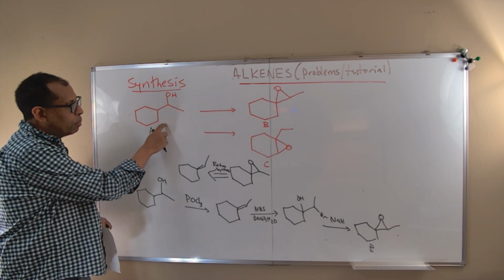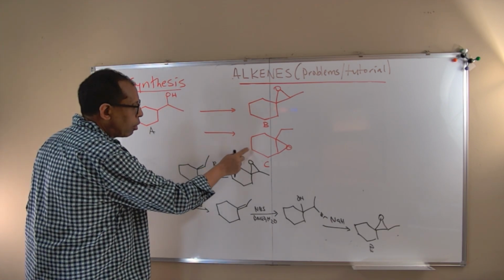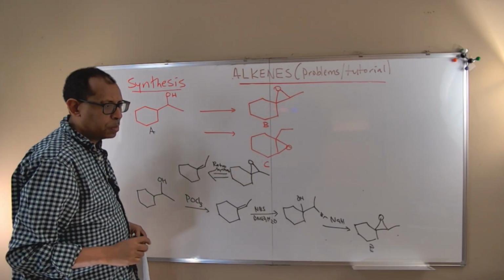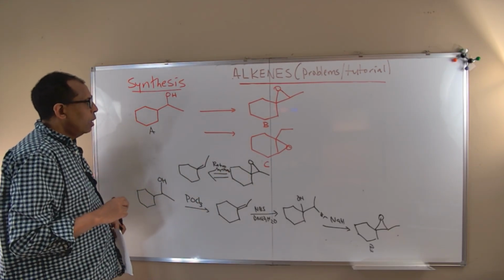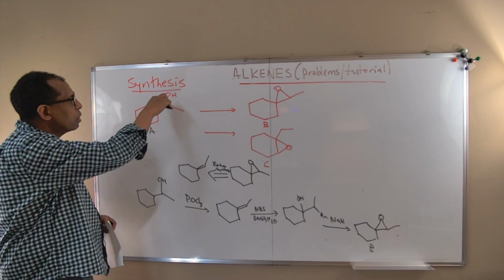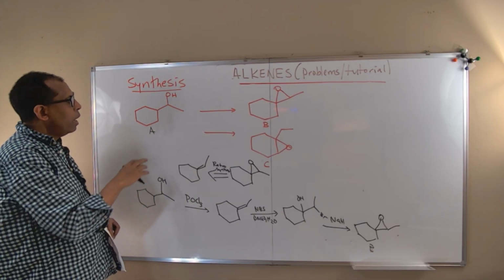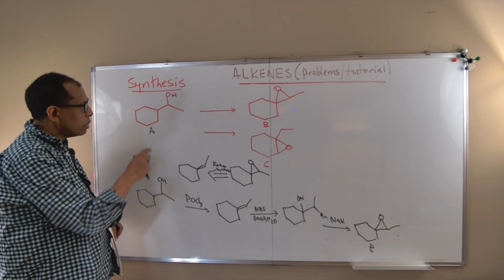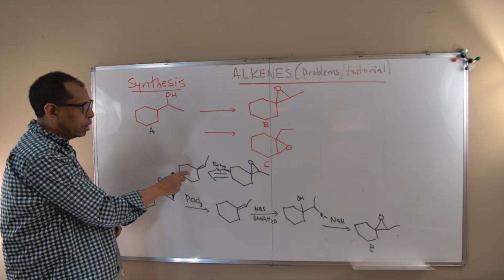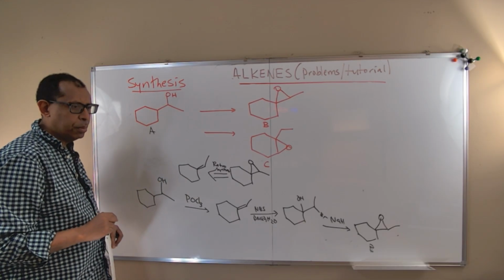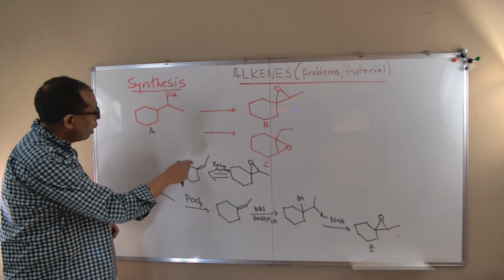So starting from here, how do you also make compound C? The only functional group we have is this OH. So if I dehydrate this and start from this one, for example, the double bond would be outside.